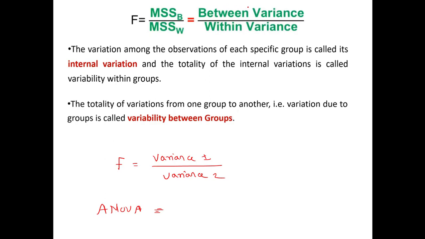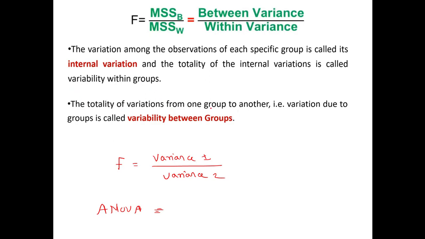Now it is important to understand between sample and within sample. The variation among the observations of each specific group is called its internal variation, and the totality of the internal variation is called the variability within groups.